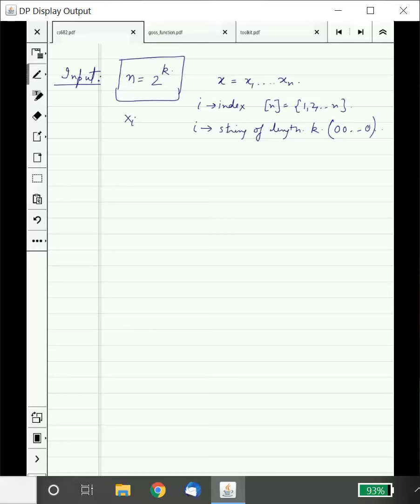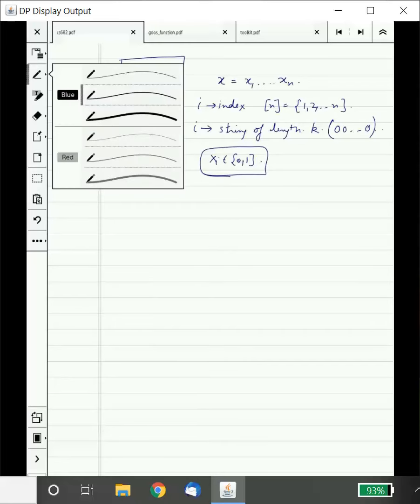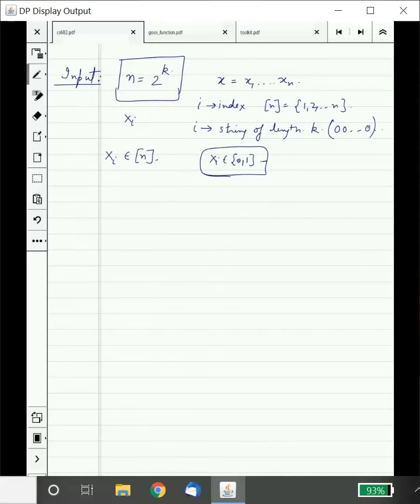The only difference is that xi itself is going to be an element of [n]. If you look at the previous settings like Deutsch-Jozsa, Bernstein-Vazirani, generally our xi were elements of {0, 1}.